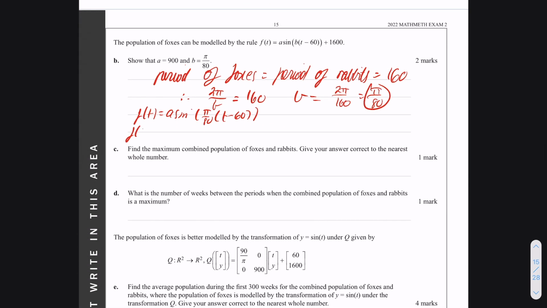So f of 100 equals 2,500. Oh, sorry, I forgot a plus 1,600 here. So 2,500 is equal to a sine pi over 80 times 40 is pi over 2. So sine pi over 2, which is 1, plus 1,600. So that means a is 2,500 minus 1,600, which is equal to 900, as we want.